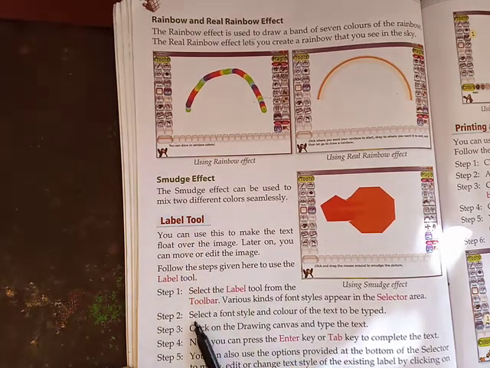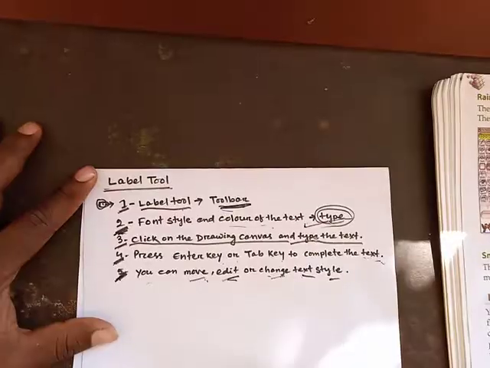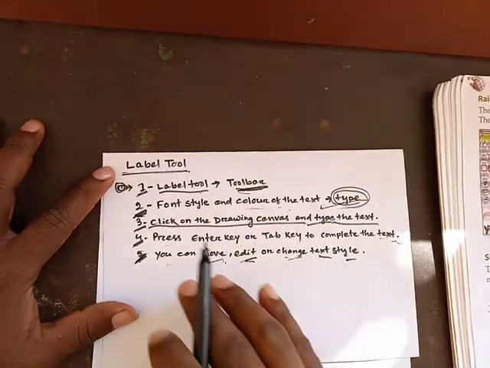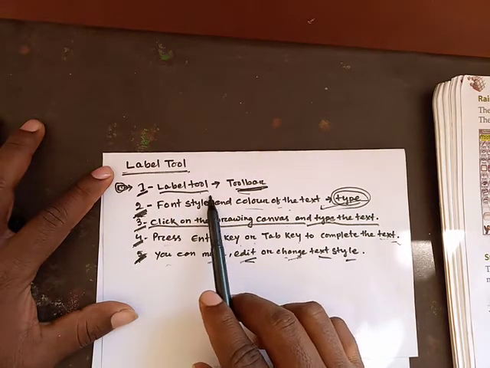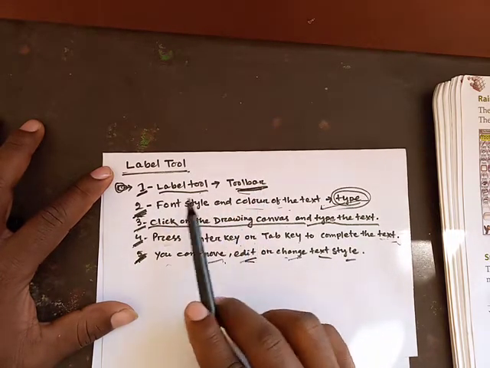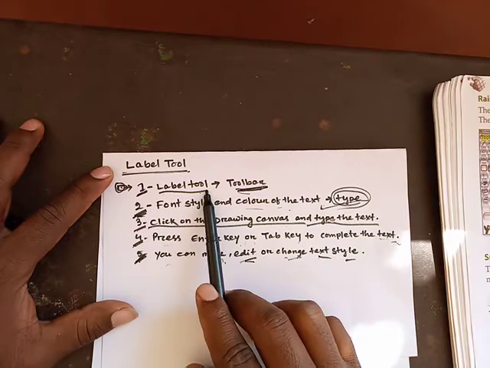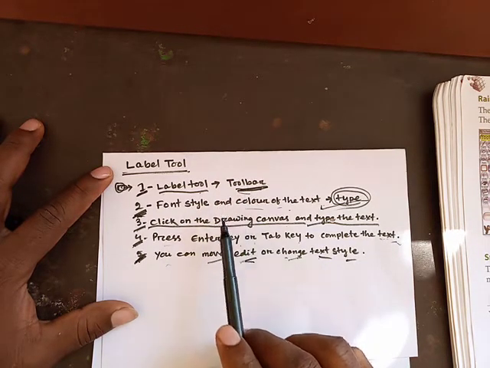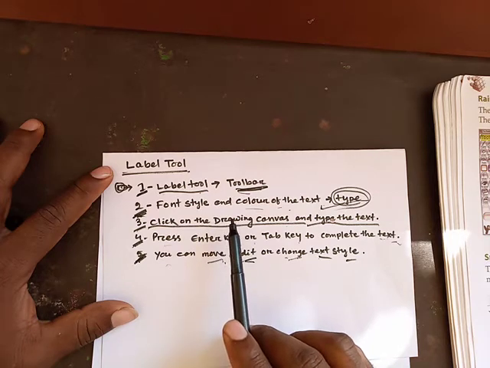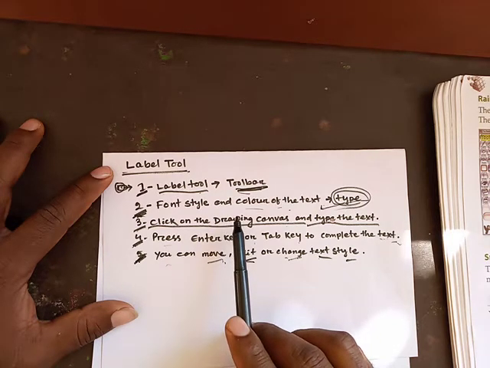So what are the steps? Let us see. To make a label, the first step is to select the label tool from the toolbar. Then we will find various kinds of font styles.